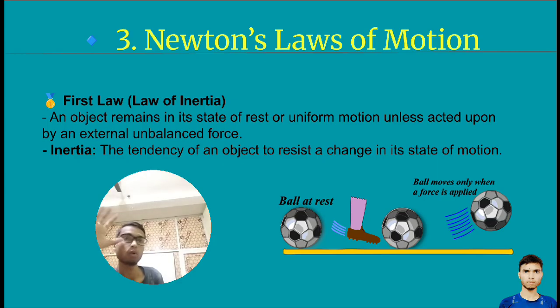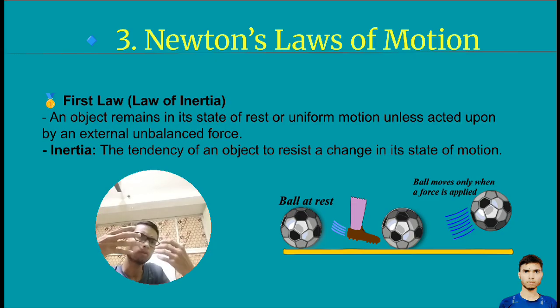Now, one more: uniform motion. Look, an object which is moving with constant speed, the speed is fixed. That's why it happens rarely, but we will have to understand it also.